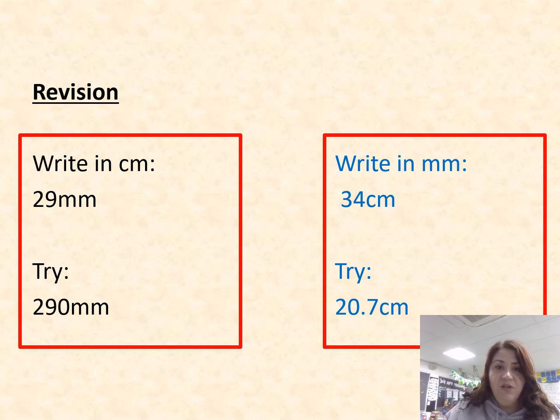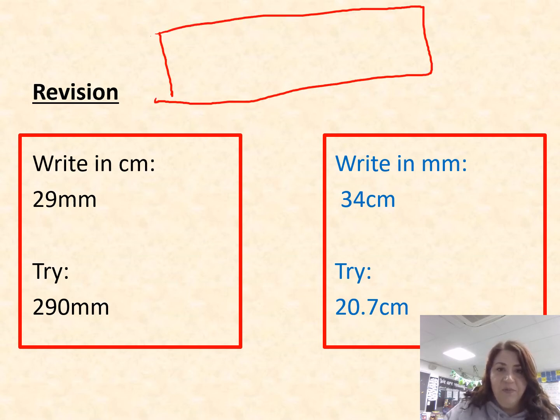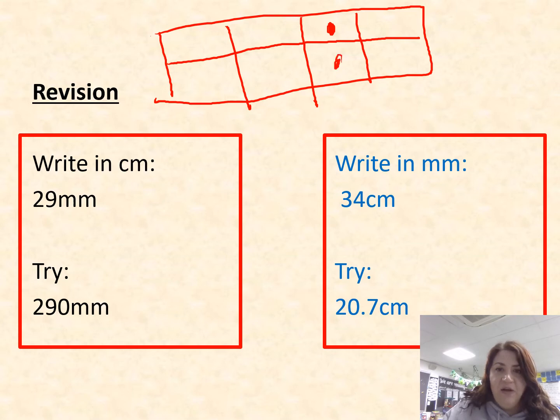So if I were to draw a place value chart up here, with my beautiful straight lines, of course, that I can draw. Okay, we've got our decimal point here, which means there'll definitely be a decimal point there. Here we've got our tenths, which means we've got ones and tens there. We won't need to go more than that for the moment. So we're starting with 29, aren't we?